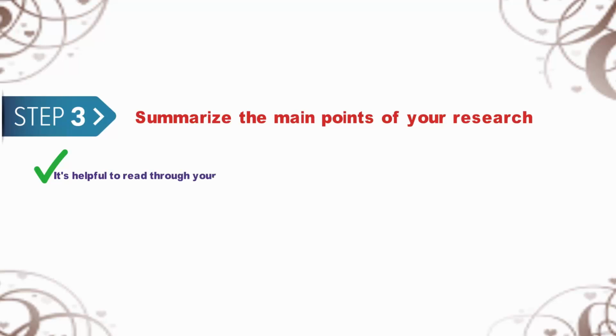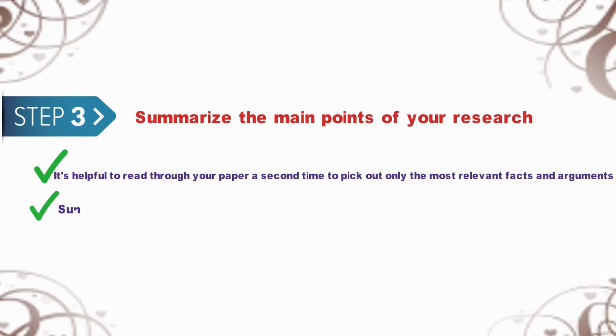Step 3. Summarize the main points of your research. Next, you can sum up the main points of your research paper. It's helpful to read through your paper a second time to pick out only the most relevant facts and arguments. You shouldn't need to include any more information than the main arguments or facts that you presented in your paper.